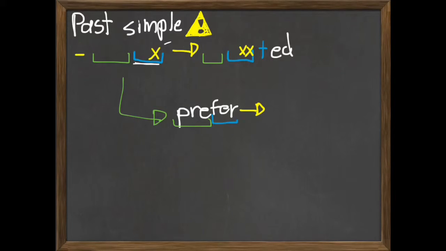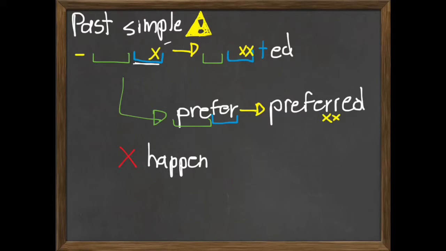The last syllable is stressed and it ends with a consonant. So the consonant R is repeated and ed is added at the end, except for verbs like happen, which will only have one consonant and add an ed at the end, like happened.